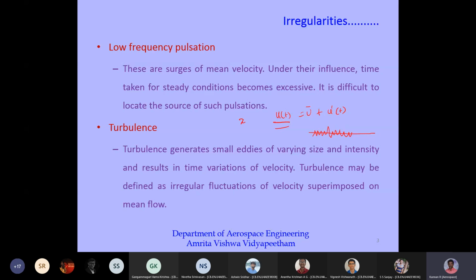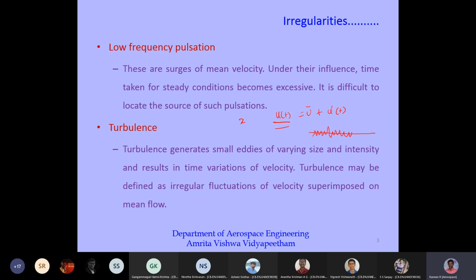In coming classes, we are going to see how to measure the turbulence in the tunnel, your test section. Your turbulence sphere, even your hot wire anemometer, you can measure that. We will come back to that. Your pressure sphere, turbulence sphere, those things will be used for measuring your turbulence level.